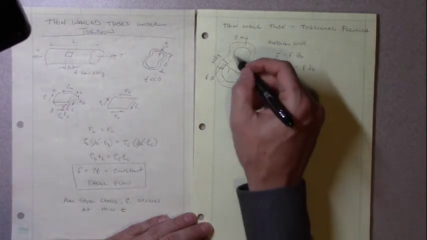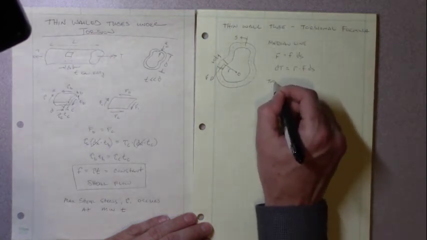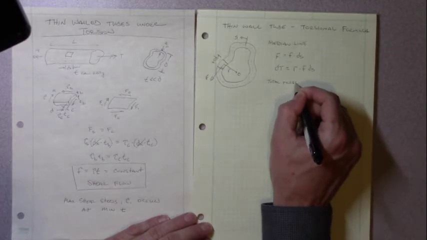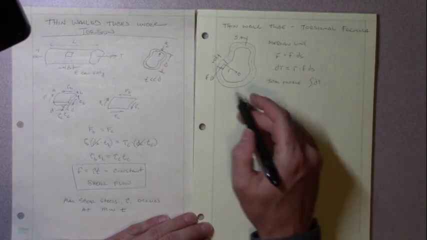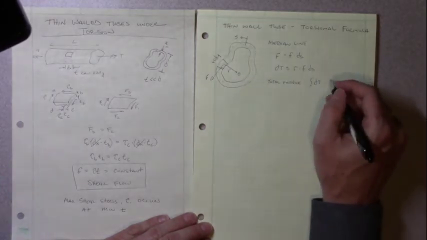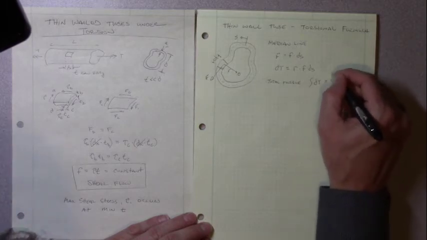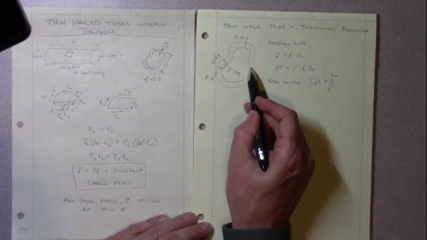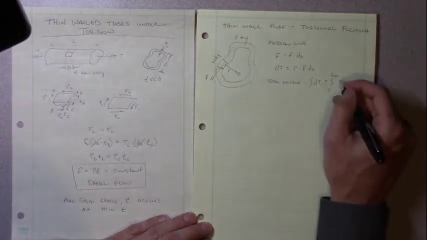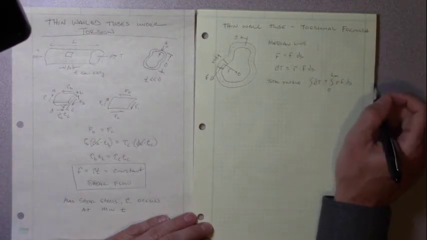To figure out the total torque acting on the entire cross section, we need to integrate dT over the entire cross section, from 0 to the total length Lm of that median line, of our dT, which is r q ds.